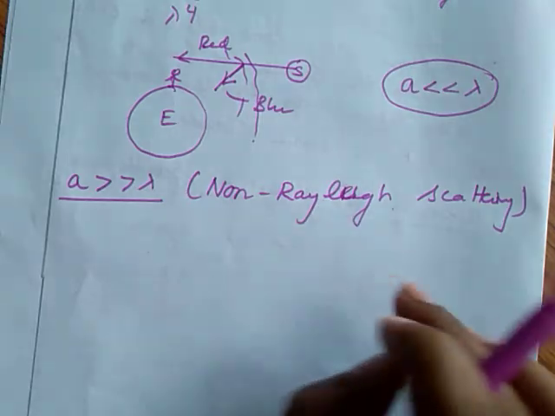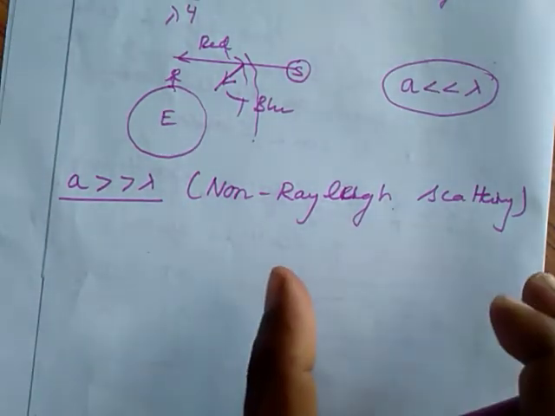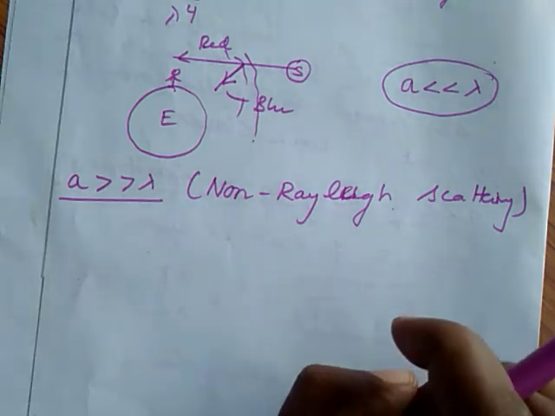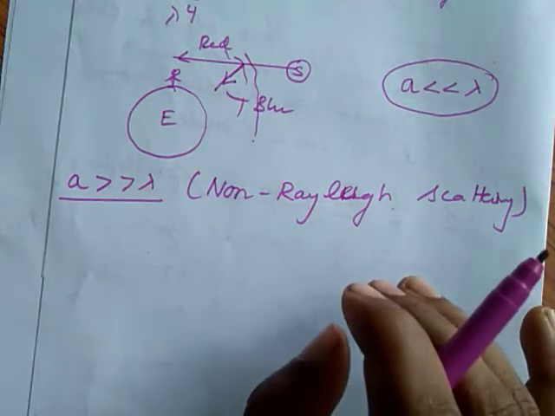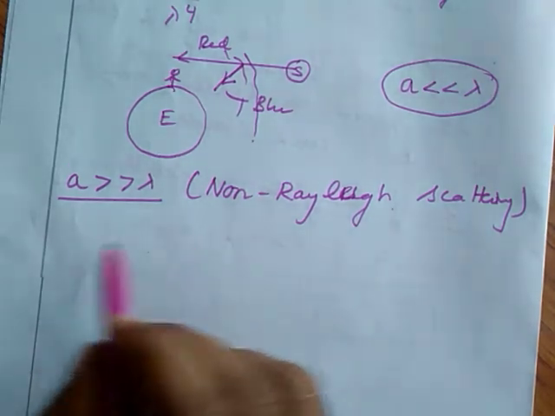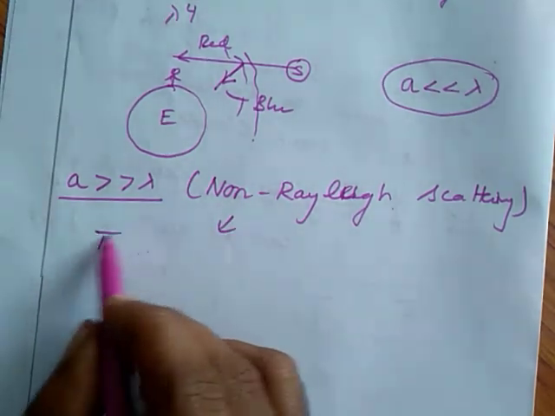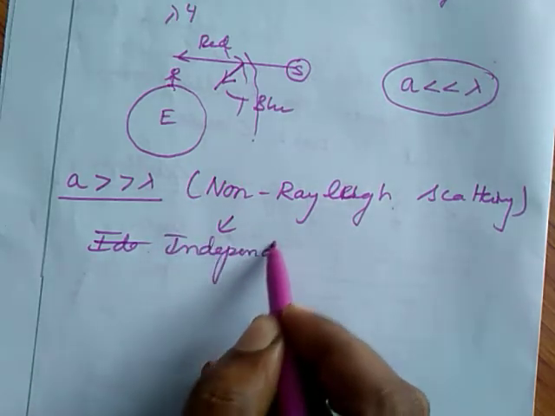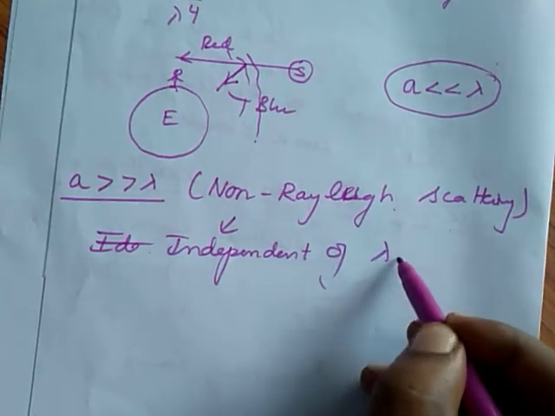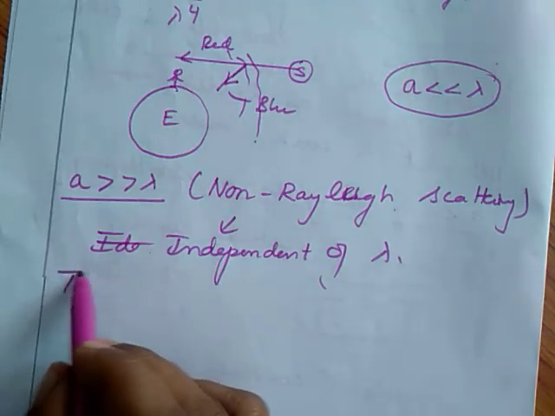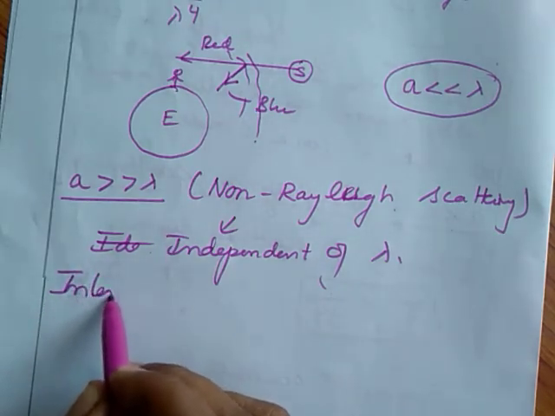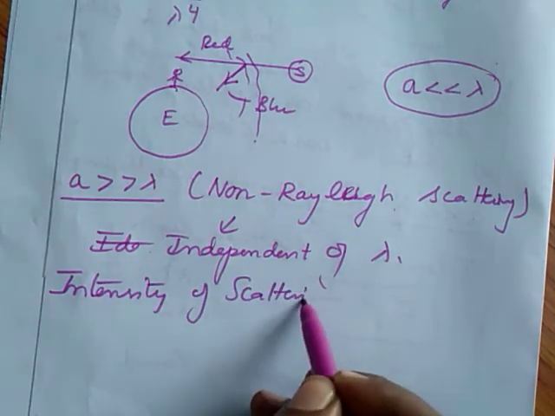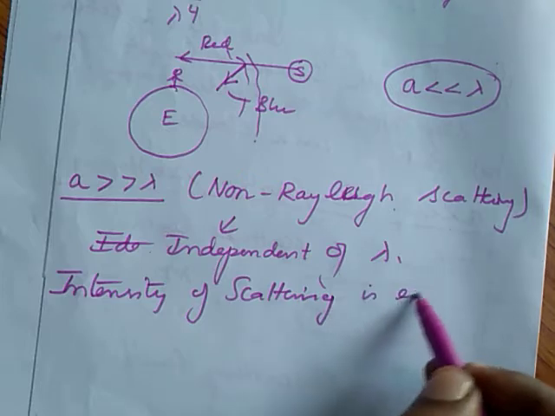In this non-Rayleigh scattering, the scattering is independent of the wavelength, so the intensity of the scattering is equal for all the colors.